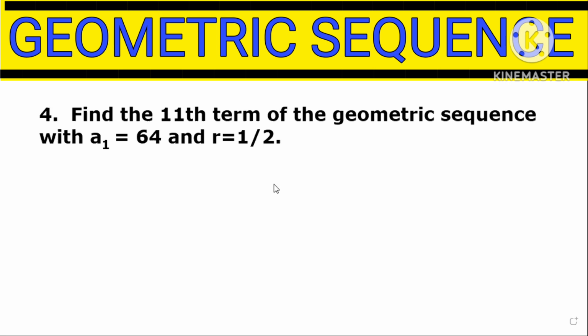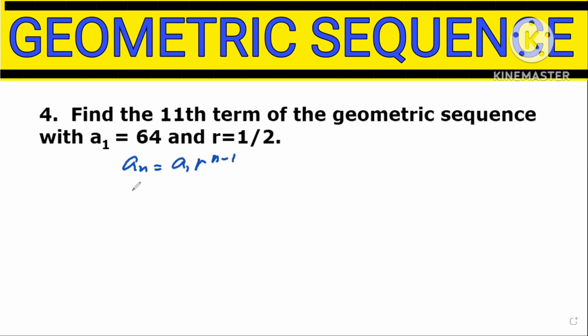Problem number 4, find the 11th term of the geometric sequence with a sub 1 equals 64 and R is equal to 1/2. Again, para mahanap natin ang 11th term, we use the formula for the nth term, which is a sub n is equal to a sub 1 r to the n minus 1.